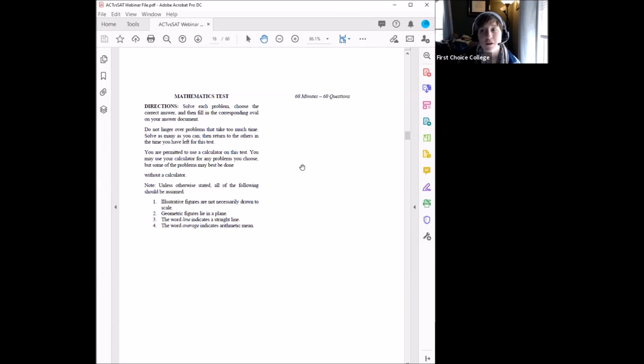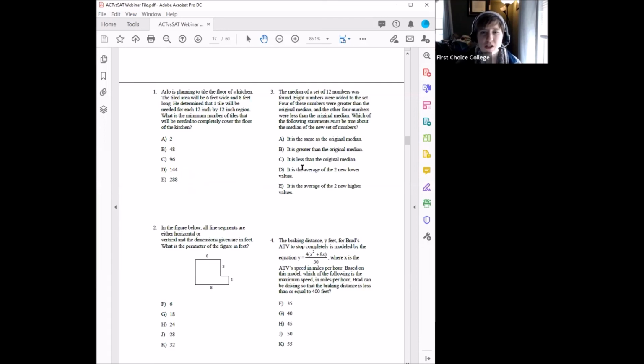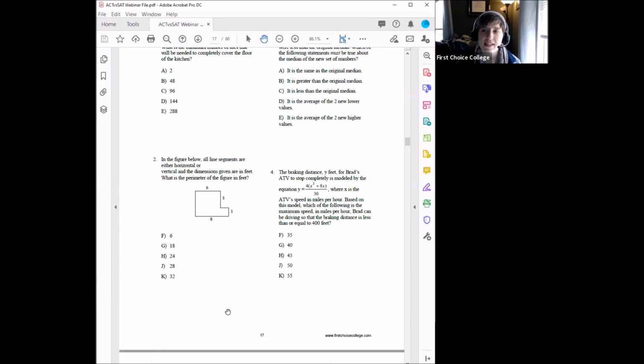So students should feel free to program things into their calculator, but at the same time, they should be ready to not have those programs, so to not have those equations on hand. So memorizing equations is going to be really important. But the questions a lot of the time are fairly simple, in the sense that they're direct.